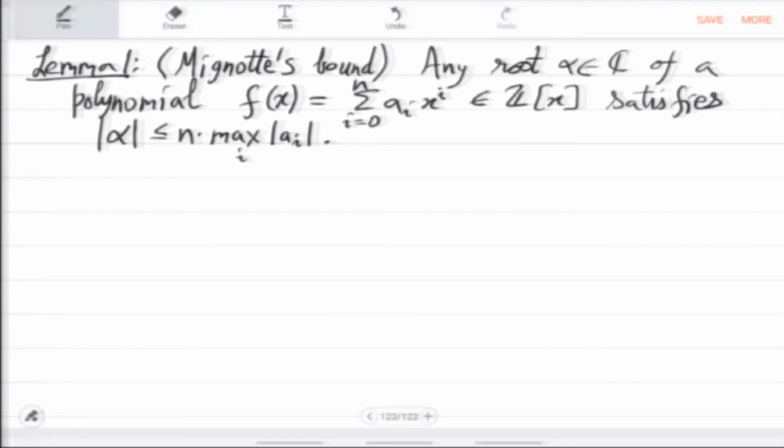Ultimately the statement is very natural. It is saying that any complex root you pick of a polynomial, the magnitude is bounded by the magnitude of the coefficients times n, which is the degree. And the proof is equally simple.